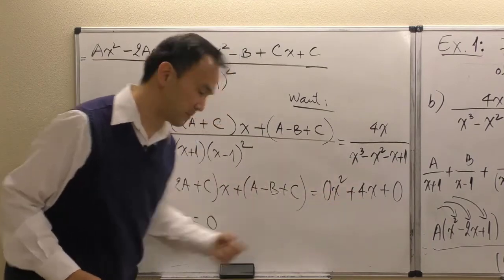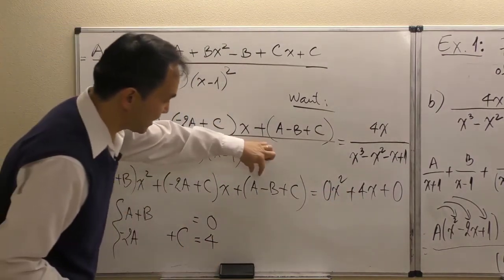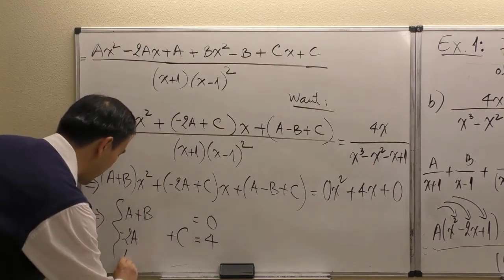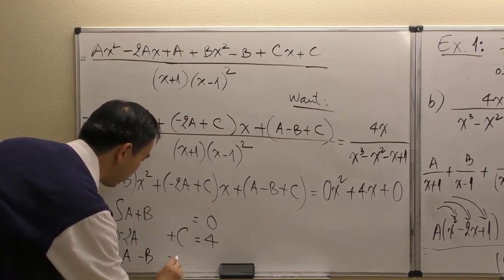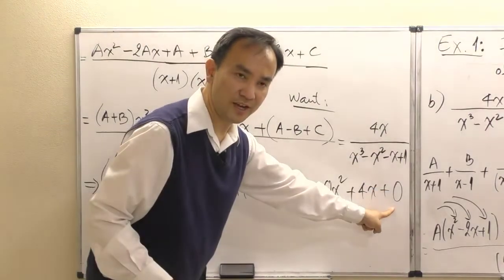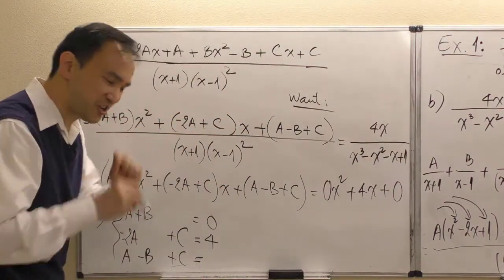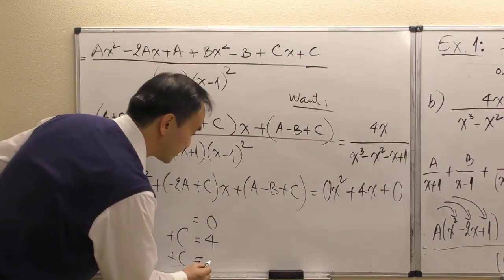And then the last term, a minus b plus c, must equal 0 as the corresponding term on the other side, as far as the coefficient matching.